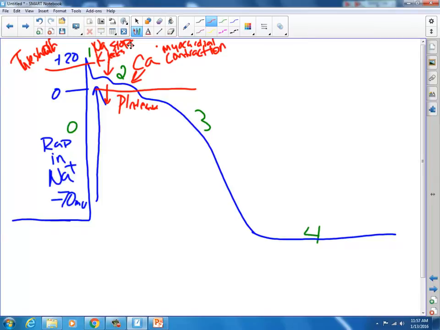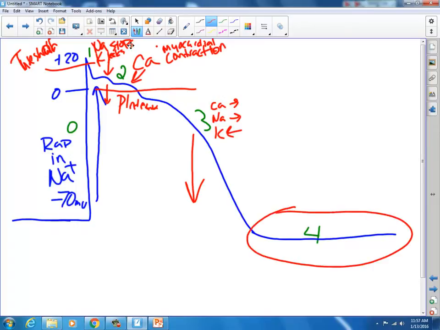We're going to start repolarizing. Calcium's leaving, sodium is leaving, and K is coming back to where our polarity starts to be even more negative, and then we get to here.